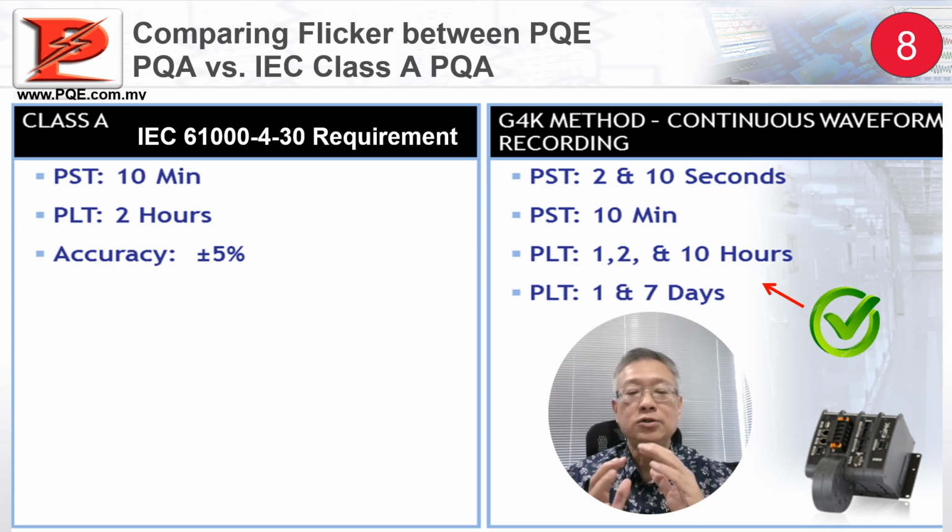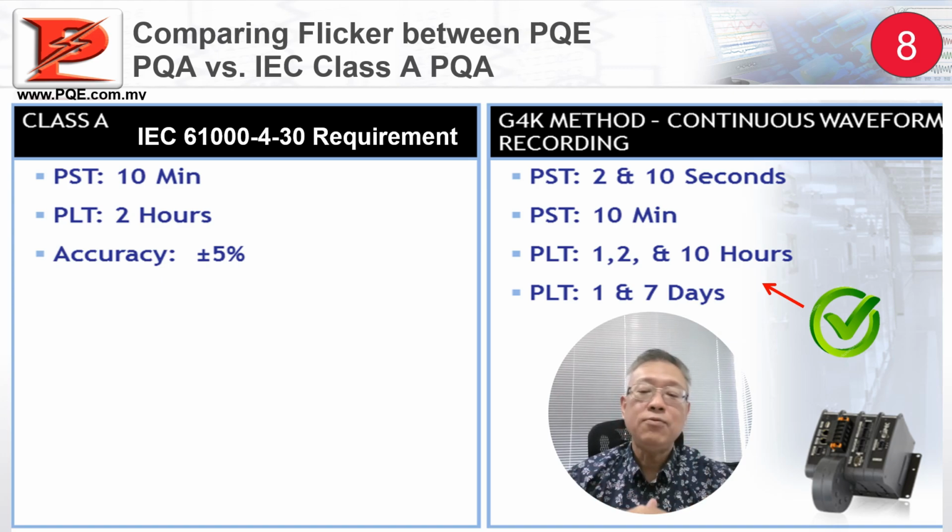For example, the short-term index Pst does not only stick to 10 minutes, it also goes down to shorter times like 2 seconds, 10 seconds. For the long term, it does not only stick to 2 hours as required by IEC, it also goes beyond that, offering 1 hour, 2 hours, 10 hours, 1 day, 7 days.